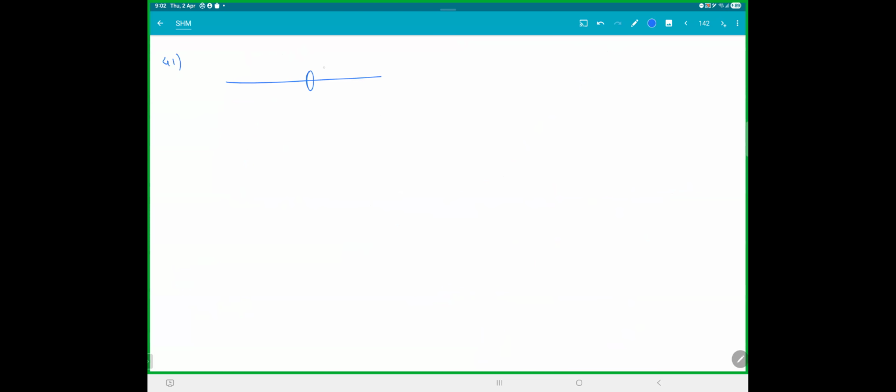So let's say we got a ring here of mass 2m. We have a ball here of mass m. L is the length of the string. So this is a ring of mass 2m.